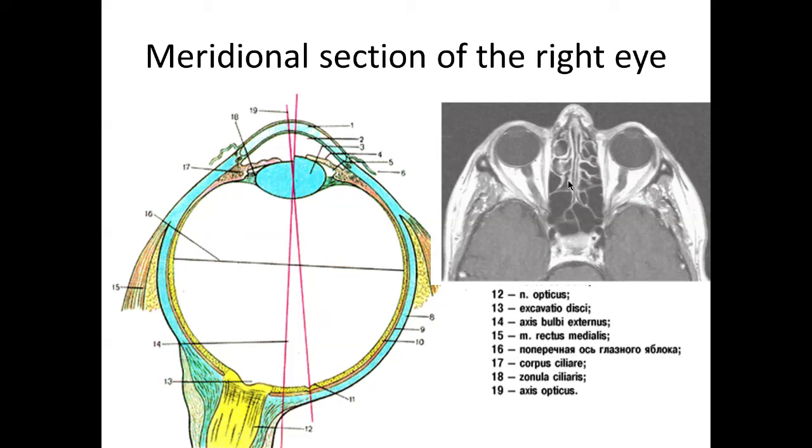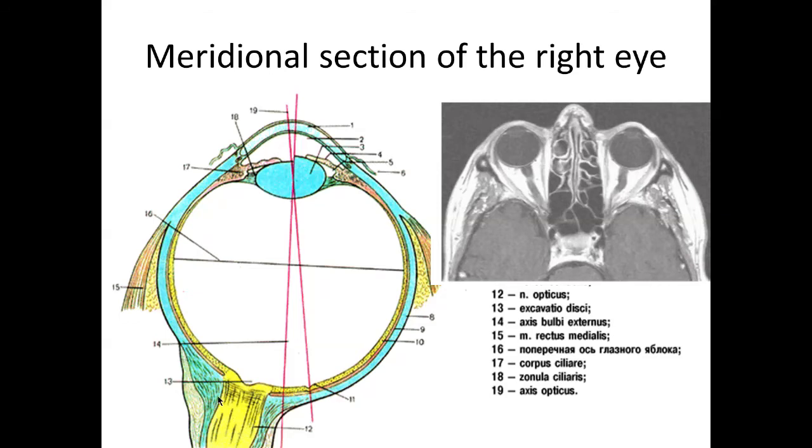So let's try to compare. So here it is, number 12, nervus opticus, and it is directed into the medial plane. So posteriorly it should meet with the left optic nerve.